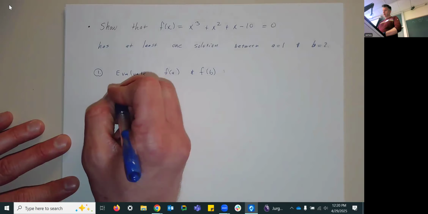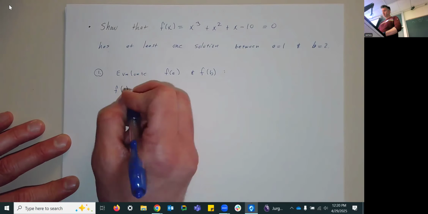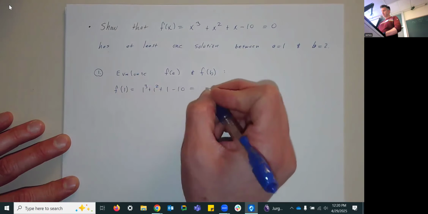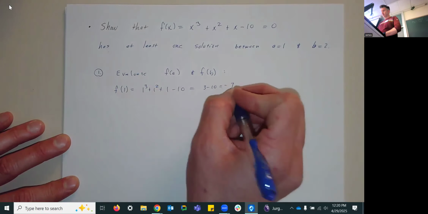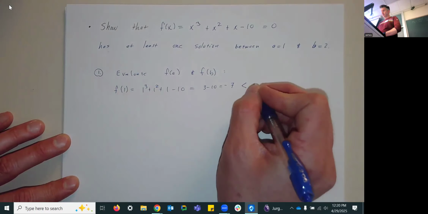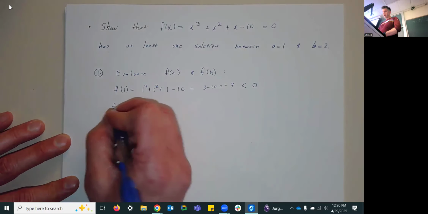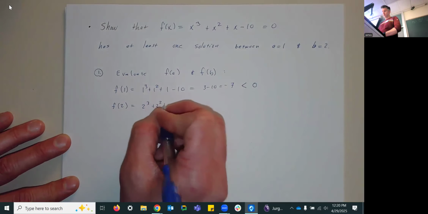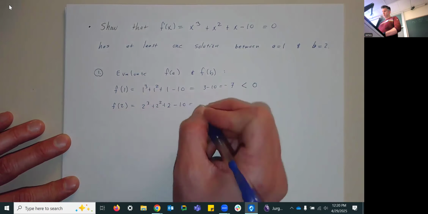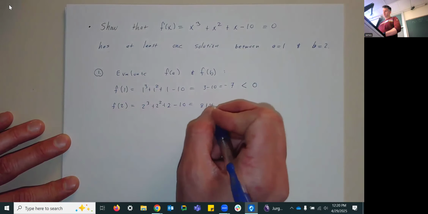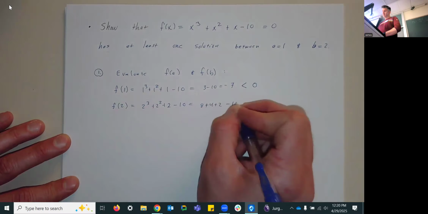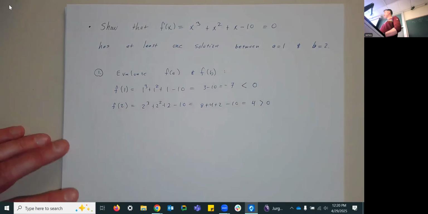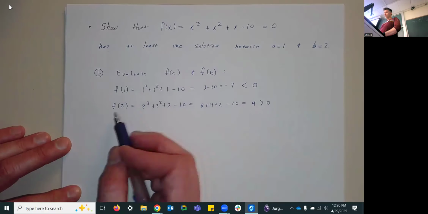Let's see. f of A is going to be f of 1, which is 1 cubed plus 1 squared plus 1 minus 10, which is 3 minus 10, which is negative 7, which is less than 0. On the other hand, f of 2 is 2 cubed plus 2 squared plus 2 minus 10, which is 8 plus 4 plus 2 minus 10, which is 4. So that's my first step. I got f of 1 is negative, f of 2 is positive.